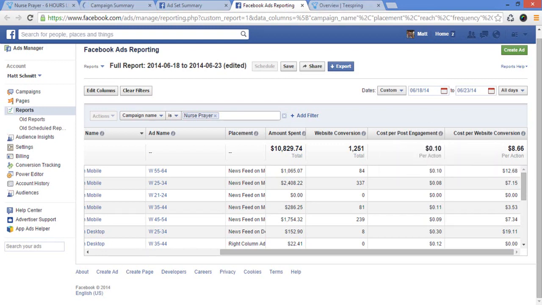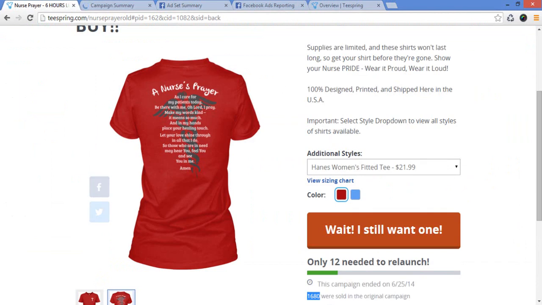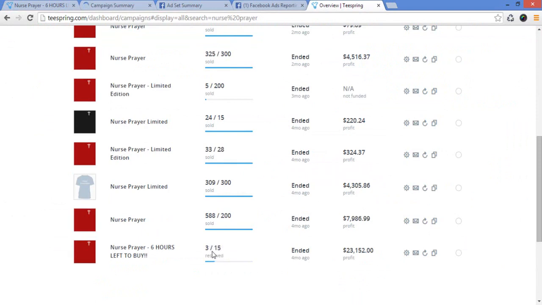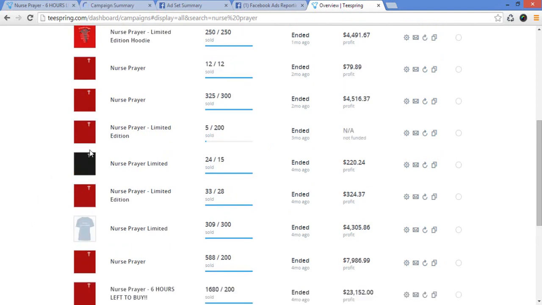Another thing is that, yes, 1680 is good, but remember when I said that I sold about 3,200 of these. So I want to go ahead and show you. Once I had this all done, you can see that I had honed in on the right ads. I was scaled appropriately. And when you come over here, you can see that I went 1680, 588, 309, and a couple relaunches and some other tests into some other ones.